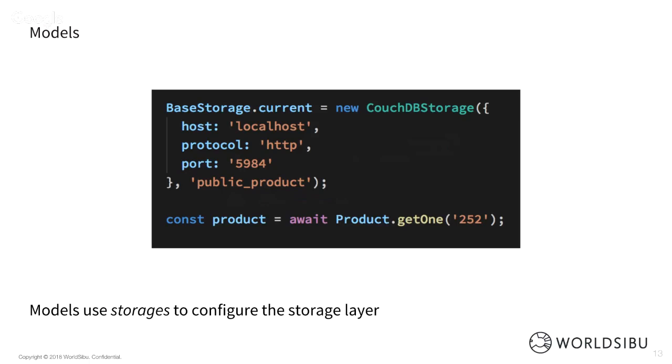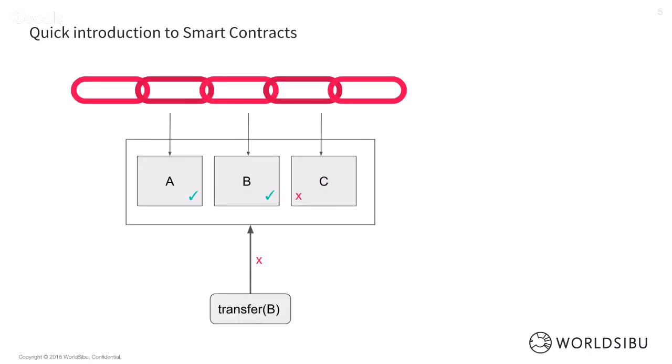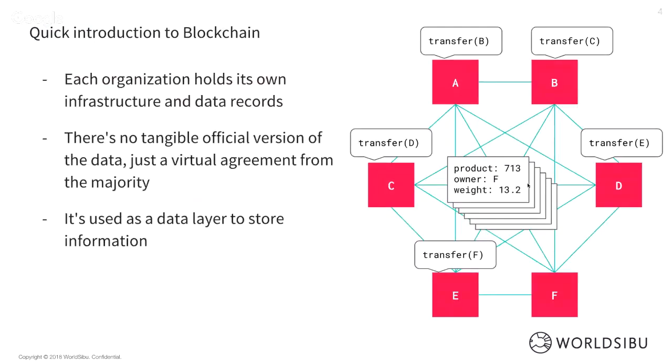Even though you have all the information in the peer, in the node of the blockchain, querying the information of this peer can be expensive. For example, if you have a rich query, or you have to make a join of multiple data, querying this in the blockchain means that you have to go block by block, like in the example here, looking for the data that you're trying to find.